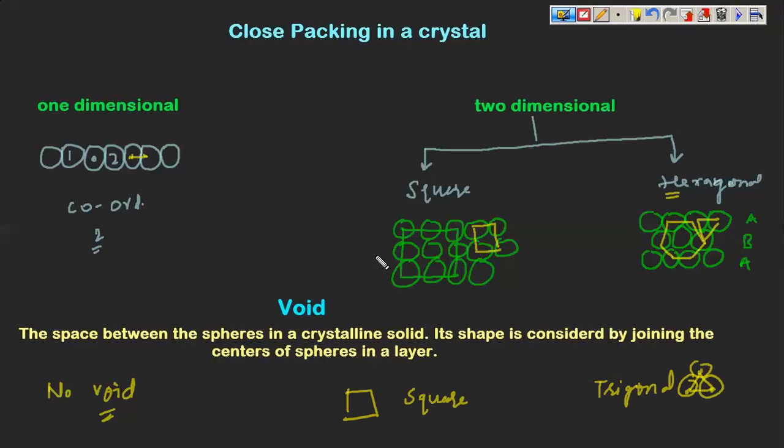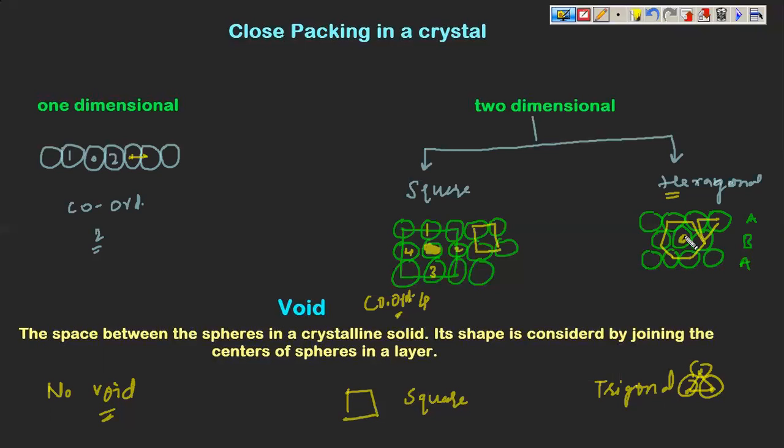The coordination number in square close packing: this is your reference particle, suppose. It is attached with 4 nearest neighbors: 1, 2, 3, 4. The coordination number in square close packing is 4.